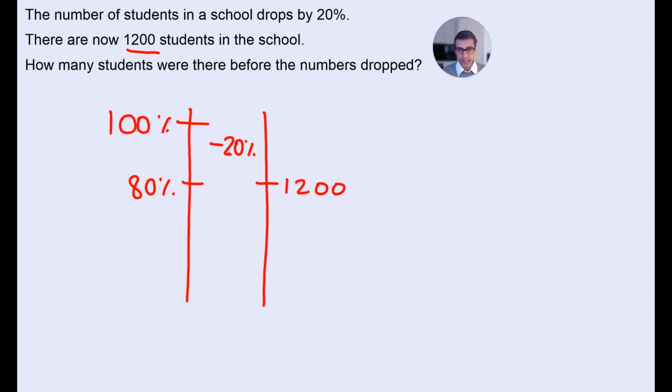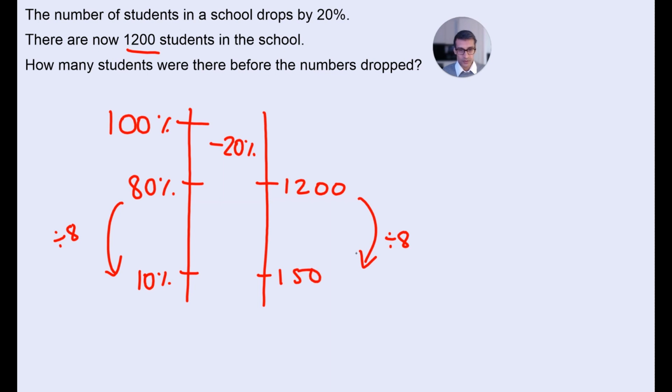So from here, again, it makes sense to go down to 10%. In other questions, it might be other percentages that work out nicely, but 10% works out here again. So we're going to divide by 8. So 1,200 divided by 8, you're going to get 150.